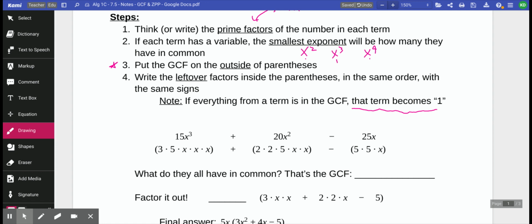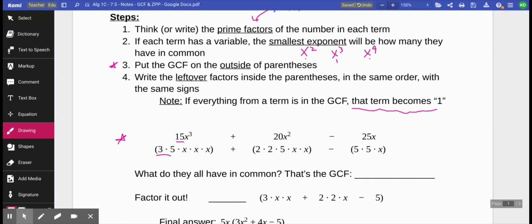So here's our first example. We have 15x to the third plus 20x squared minus 25x. It's all stretched out just because I wanted to group each term individually so you could see what's happening. If I try to break down 15 into the smallest numbers that multiply to make 15, I'm going to get 3 times 5. You can all agree with me that those are equivalent.